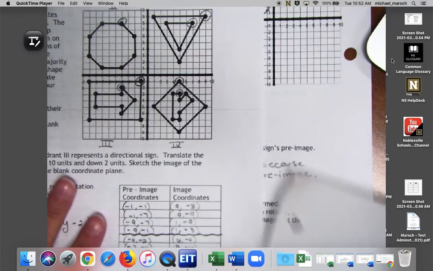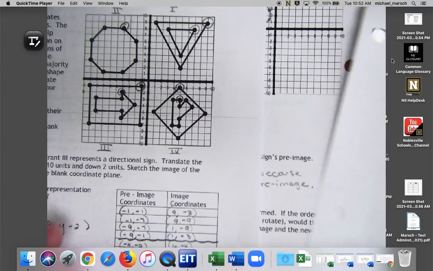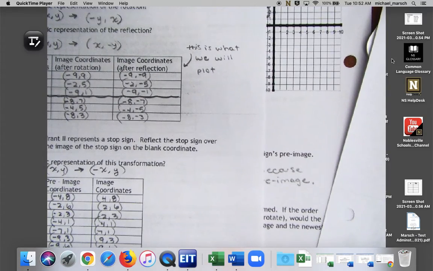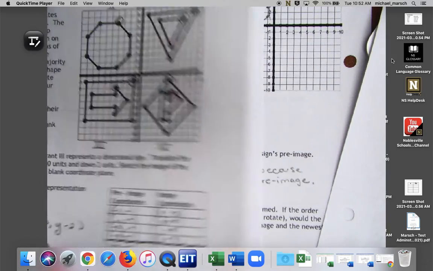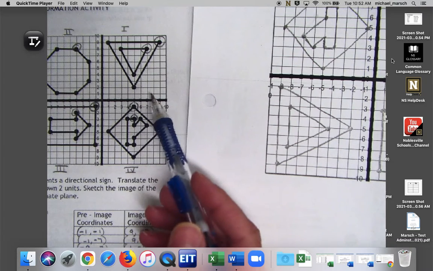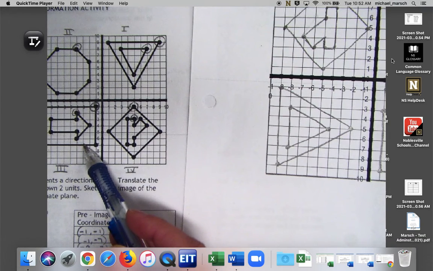So here's my pre-images, here's my images. So quadrant, which one was that? That was our triangle one, right? So what we did here is we did a rotation and then a reflection.